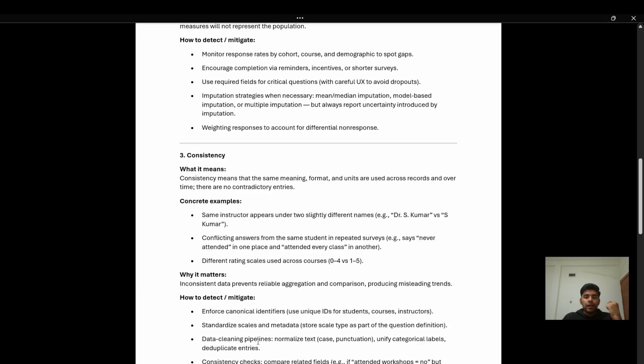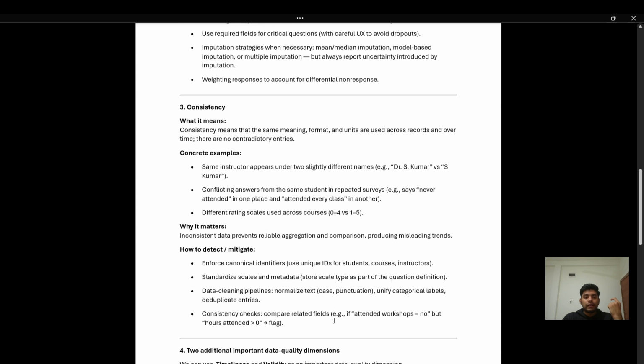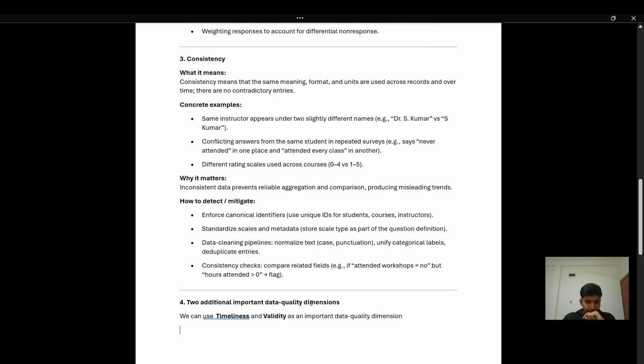Data cleaning pipelines, such as normalizing text case and punctuation, unifying categorical labels, and removing duplicate entries. Consistency checks compare related fields. If attended workshop equals no, but hours attended is greater than zero, then it is flagged.